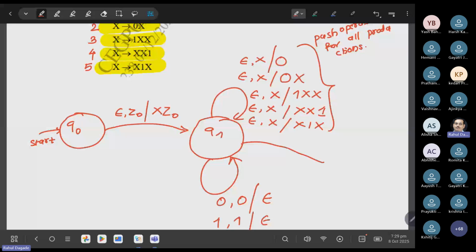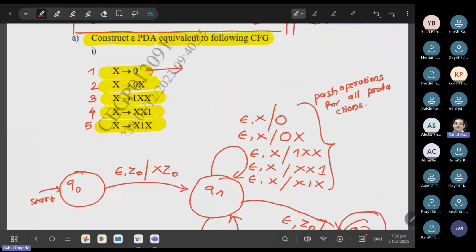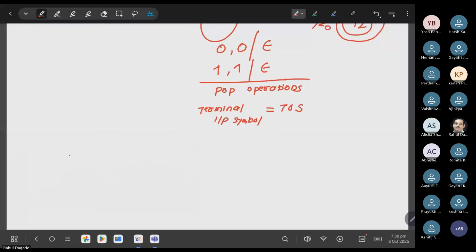Now from here we will go to the final state. So when input is finished, that is null is input and Z0 on stack, then we come to Q2 state, which is the final state. All right. So this is the PDA diagrammatically. Now write this PDA as a 7 tuple.